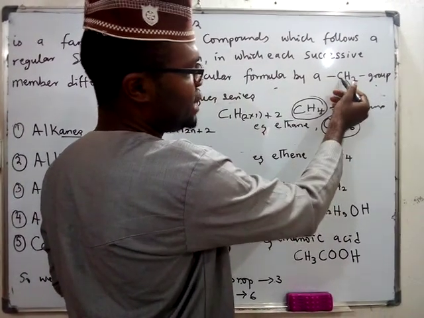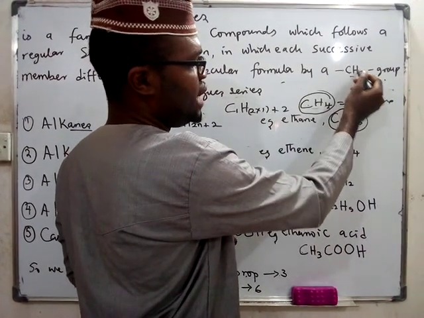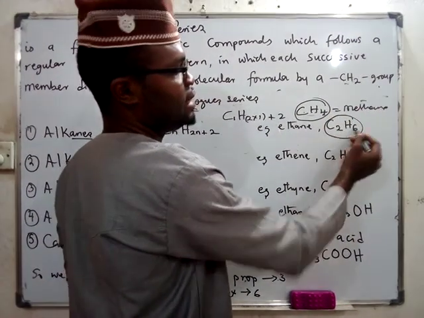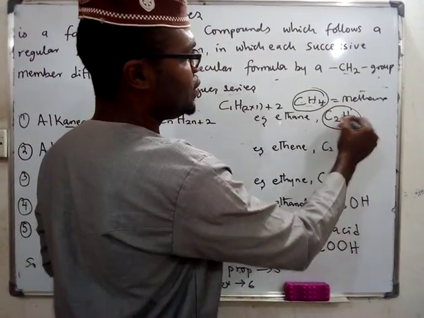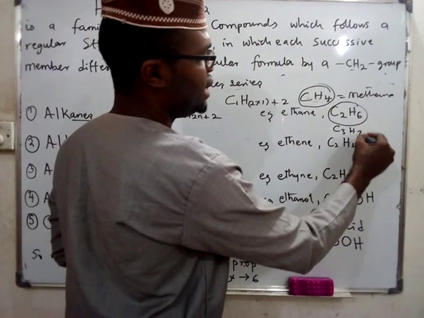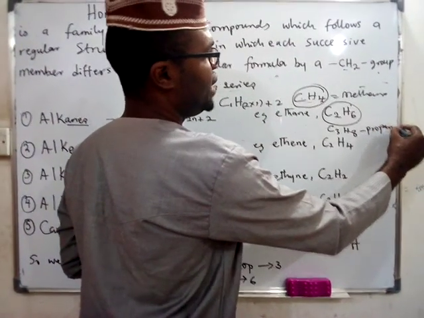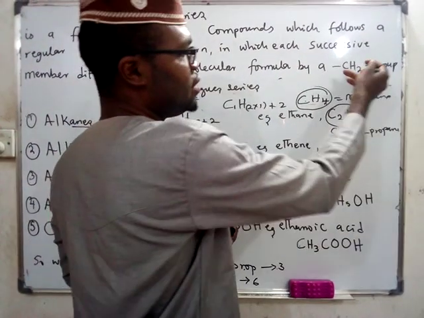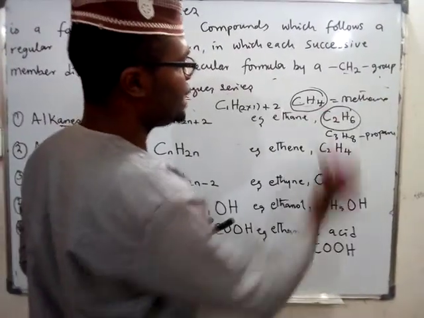When you carry 1C and add to this one, you have C2, and when you carry 2H and add to this 4H, you have H6. If you add another one, you will have C3H8, that will be propane, the third one. If you want butane, just add another of these to this. Is that clear?